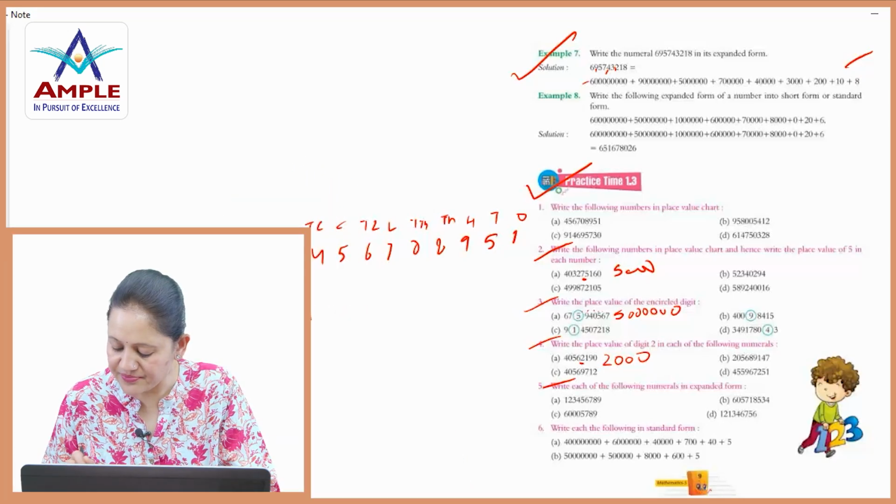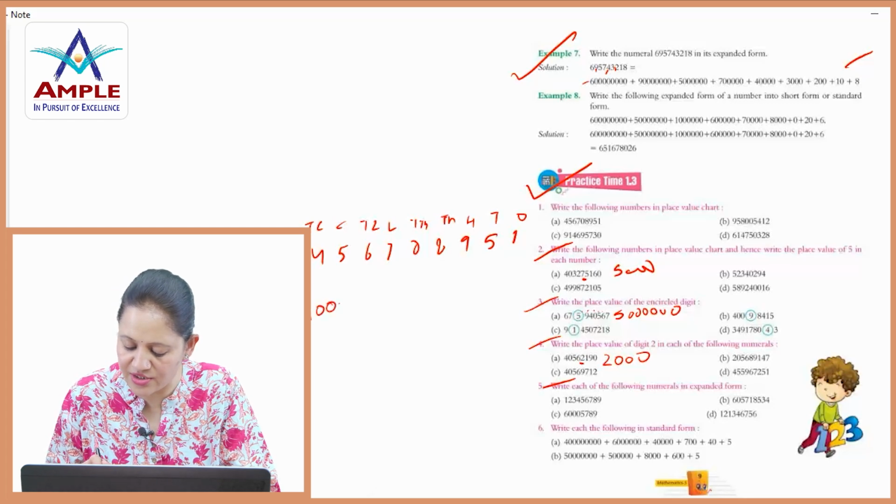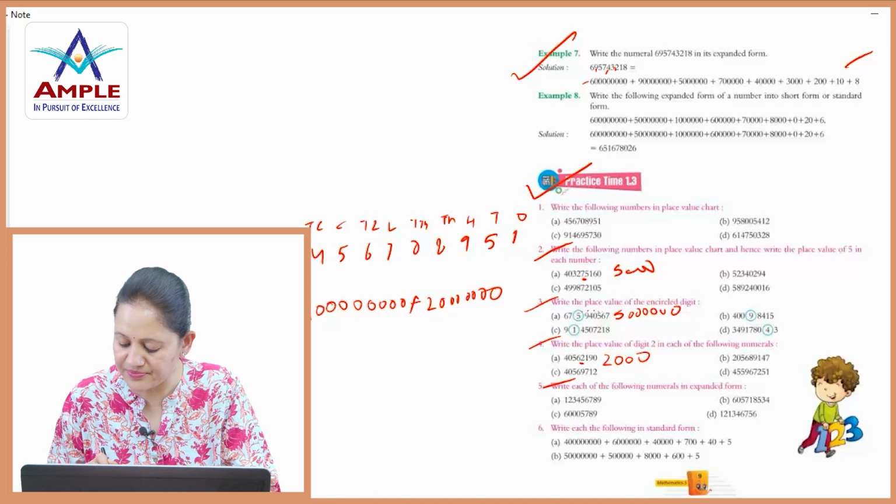So, how will we write? After 1, how many digits? 1, 2, 3, 4, 5, 6, 7, 8. So, we place 8, 0. Then 2, and 7 zeros. 6 plus 4, 5 plus 5.